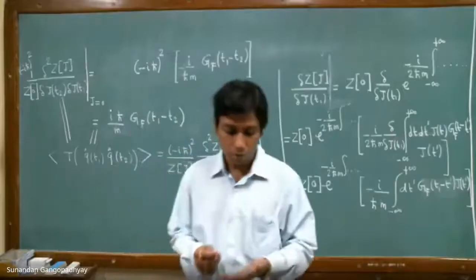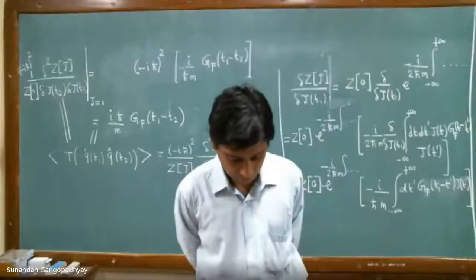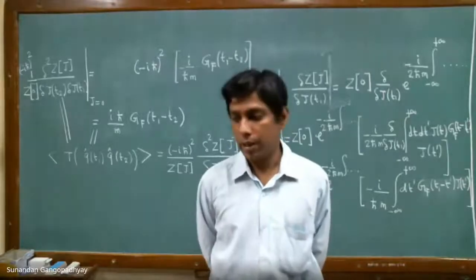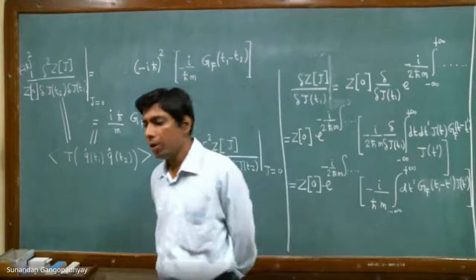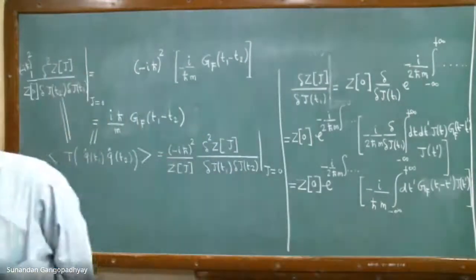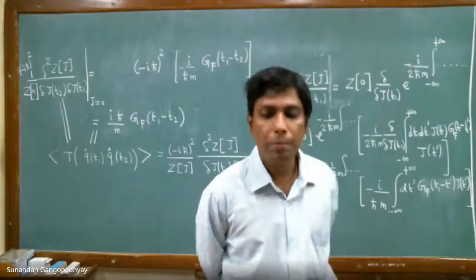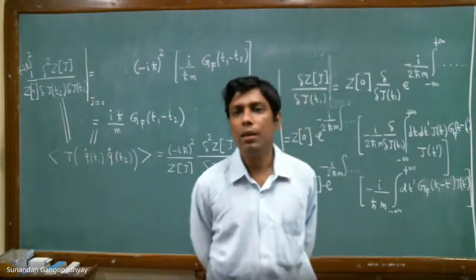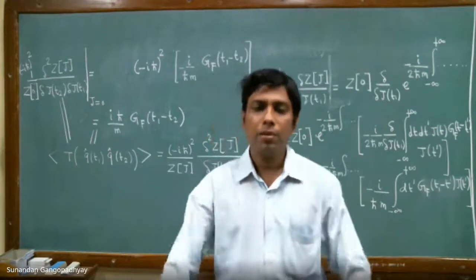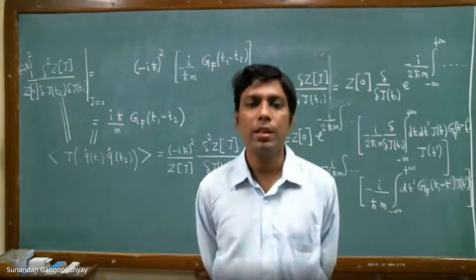Sir, the odd number functions, they will come out to be 0, right? Yes, it should come out to be 0, because the 1-point function is 0, so the 3-point function, 5-point function, and all the odd point functions should come out to be 0. You are correct. But please check it for the 3-point function. There is nothing to check actually, but just write one step and convince yourself that it is indeed 0.